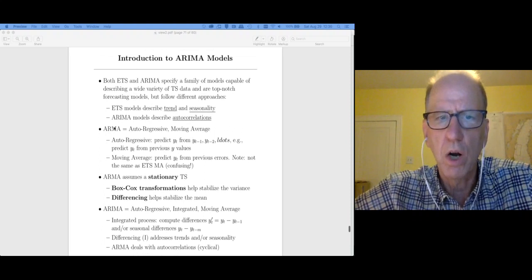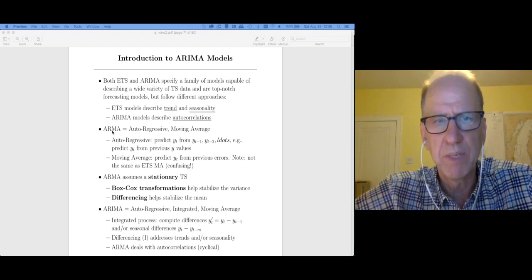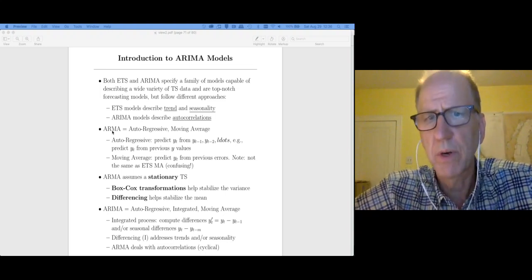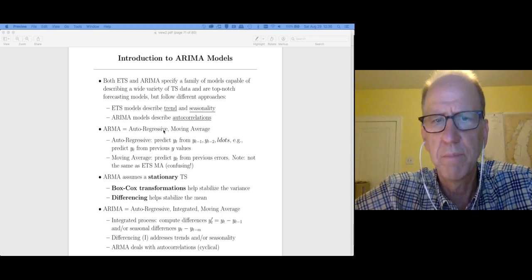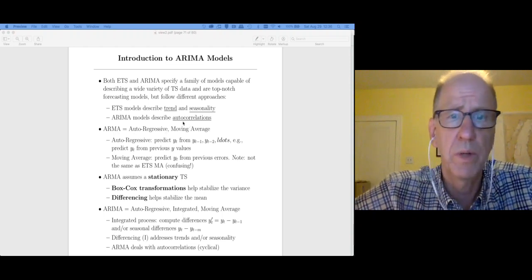The first is ARMA. The I is missing from there, and that's not a typo. ARMA stands for autoregressive moving average. We're going to have a series of models. Now remember, I just said ARIMA focuses on autocorrelations.